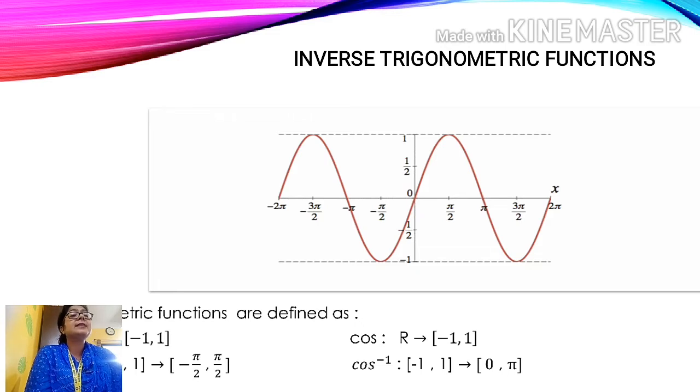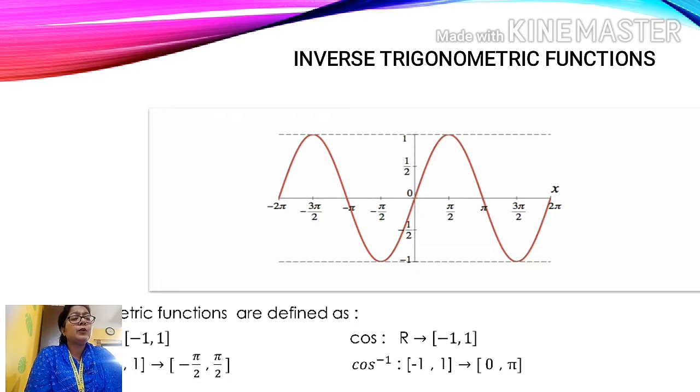If x is 0, sine x is 0. For pi by 2, sine pi by 2 is 1. For pi, sine pi is 0. In the same way, on the left side, for x equal to minus pi by 2, we get sine minus pi by 2 is minus 1. Then sine minus pi is 0.